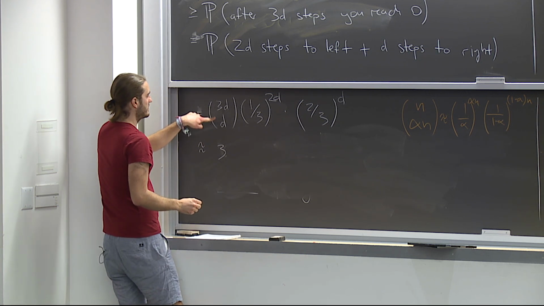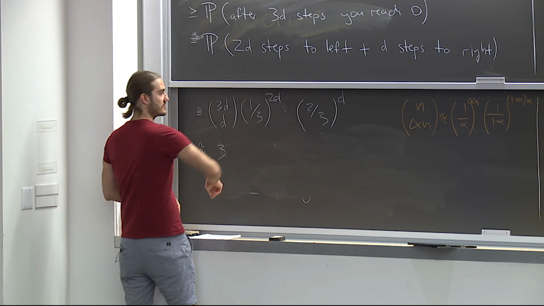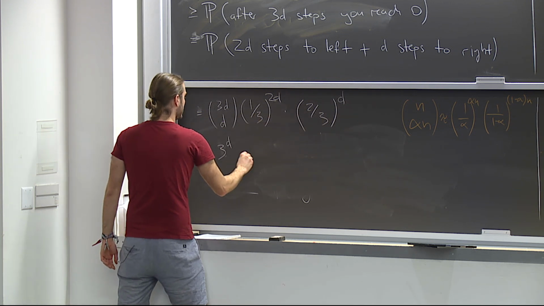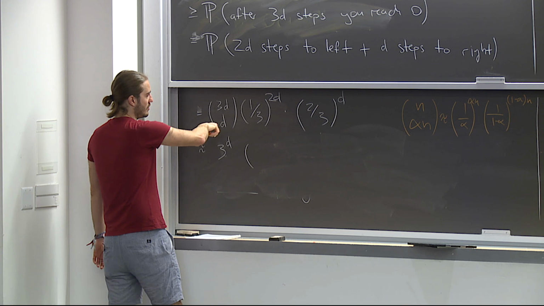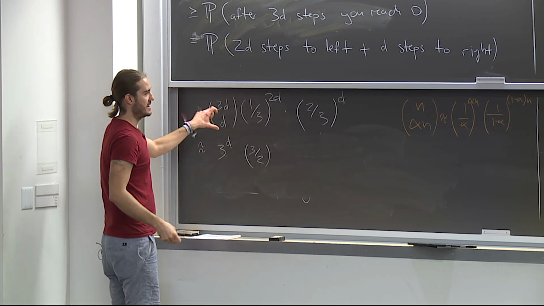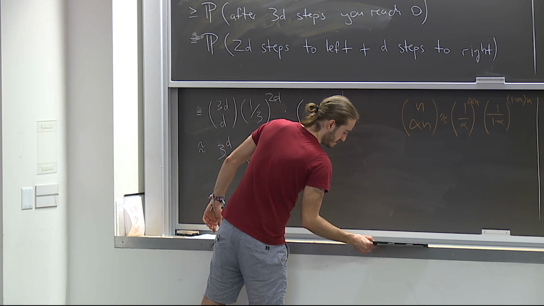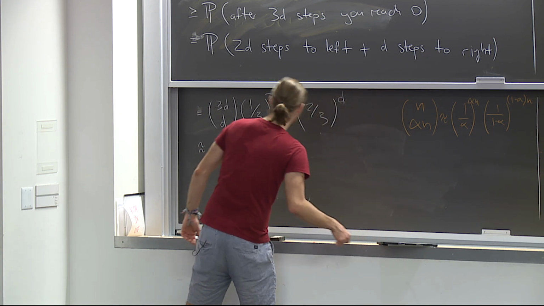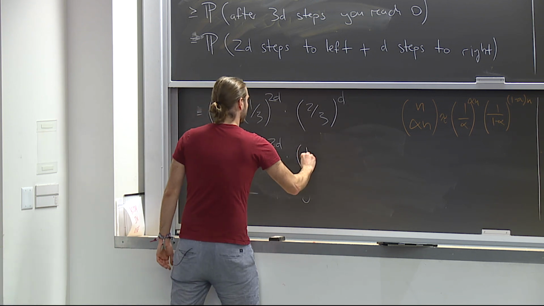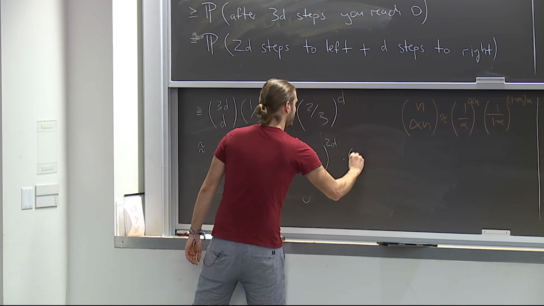It's like if you have 3d choose alpha times 3d, where alpha is 1/3. So you have 3 to the d times 1 over 1 minus alpha, which is 3/2, to the 1 minus alpha, which is 2/3 times 3d, which is 2d, times the stuff from before.